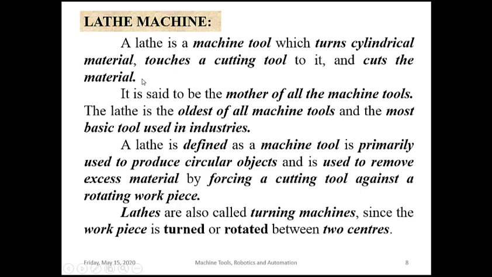When the cutting tool comes in contact with the rotating workpiece, it starts to remove excess material from the workpiece. So the diameter of the cylindrical object may be reduced to our required diameter. That is what the lathe machine tool actually does.